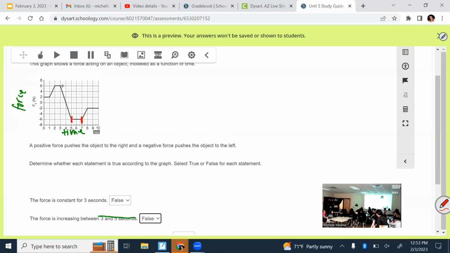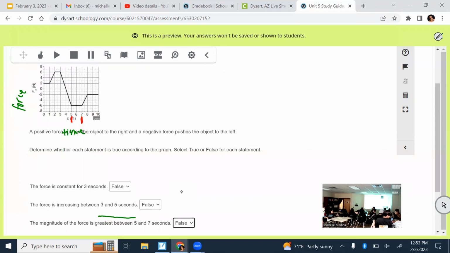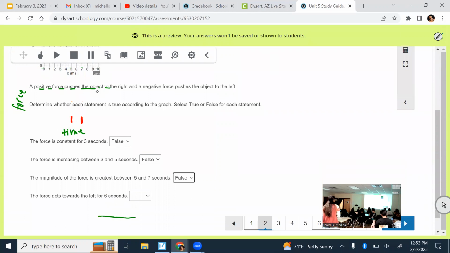So you think it's false? Okay, we'll see in a second. I would agree. You have to also realize that this is where it's going in the negative, so here's 0 on your normal traditional coordinate plane. We'll see if it's actually false.